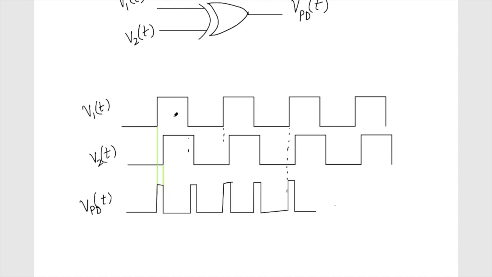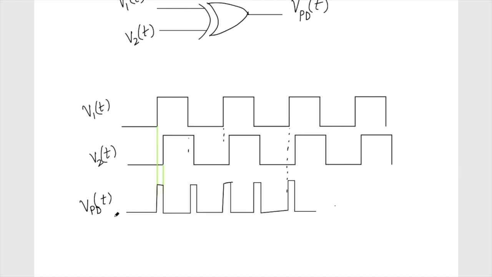The average value of this V_PD will be maximum when it goes by pi. And of course, as we move on and it becomes 2 pi, then again these two waveforms will become the same, and then the V_PD output will be 0.